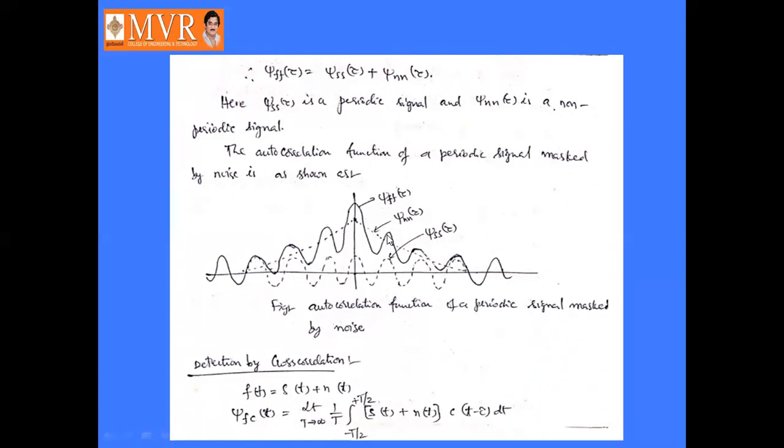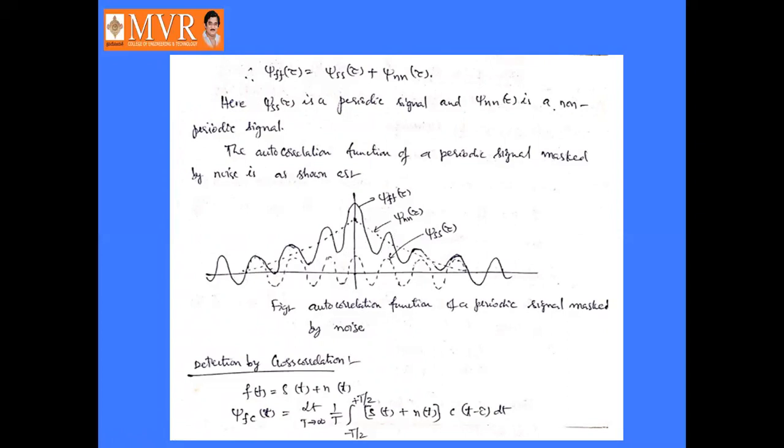The resultant J_ff of tau is obtained as this dark line signal. So this is the autocorrelation function of the periodic signal masked by the noise. This is about the detection by autocorrelation.